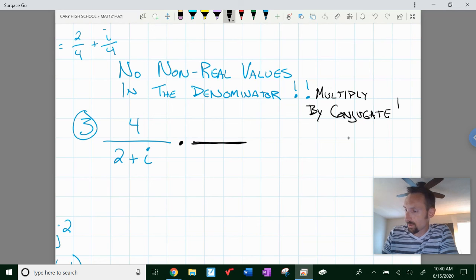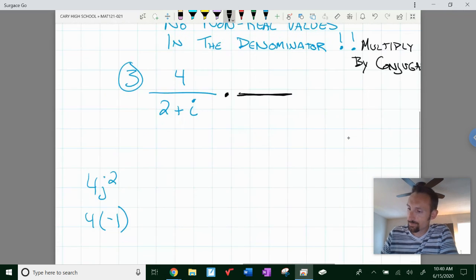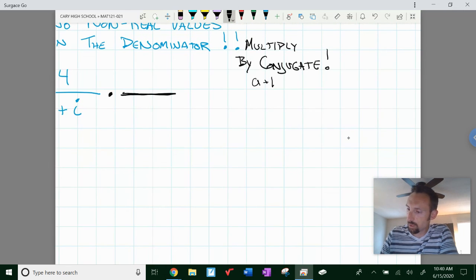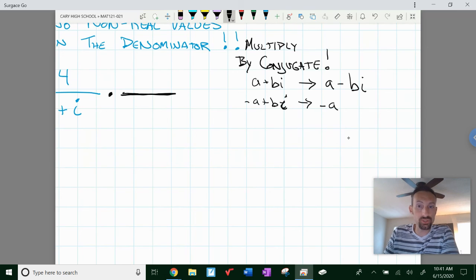Okay. Now, the conjugate of a plus bi is a minus bi. Okay. If I have like negative a plus bi, okay, then that'll be negative a. Notice the real term doesn't change. We flip the value of the non-real term to get a conjugate.